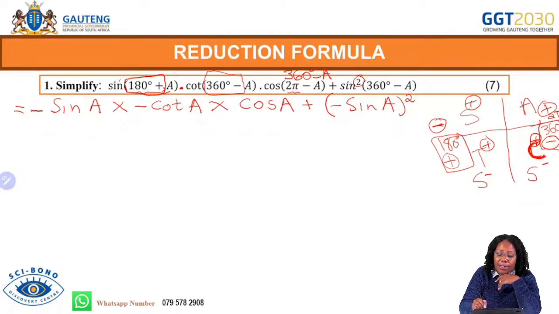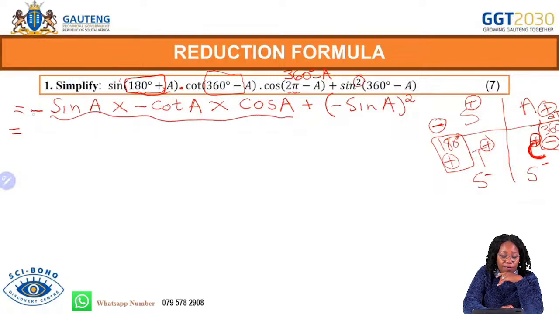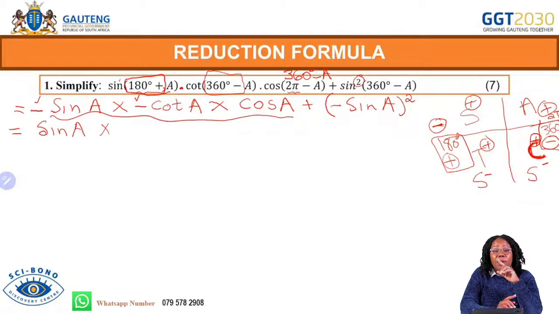That is why we are raising this to exponent 2. Let's simplify now. For this multiplication here, a negative times a negative will end up with a positive. So we can write sine A multiplied by cot A. Remember, cot is the reciprocal of tangent. And what is tangent?